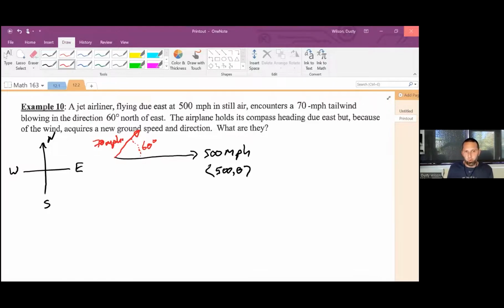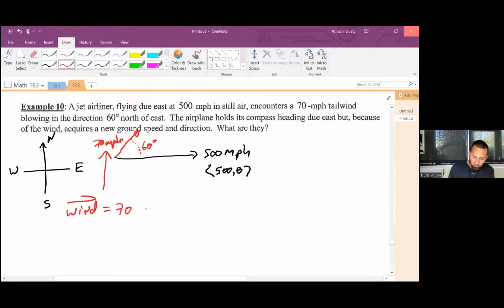So in order to do this, we're going to need to find the components of the wind vector. So one of the pro tips is that if you start from the positive x-axis and measure your angles counterclockwise, then you get to find your x component using the cosine function and your y component using the sine function. So we know that our wind vector is going to equal 70.